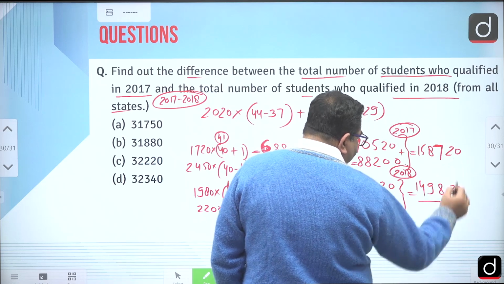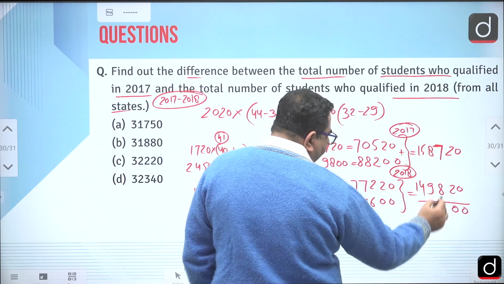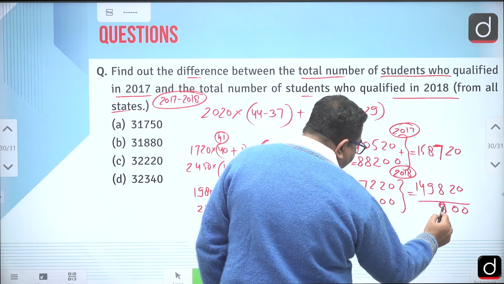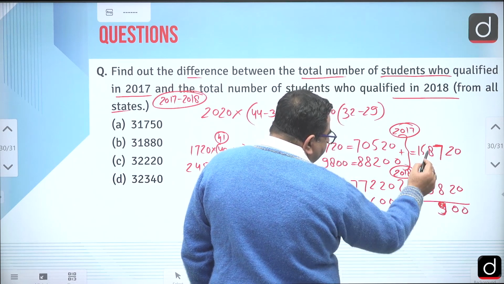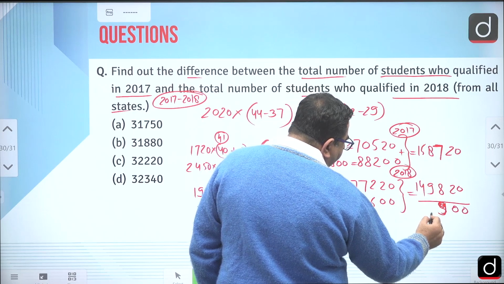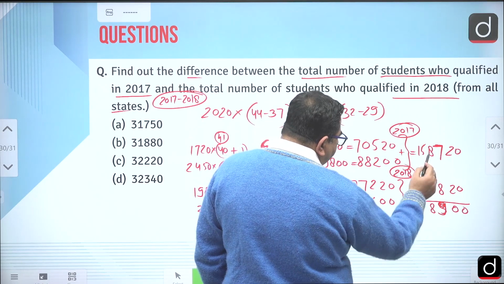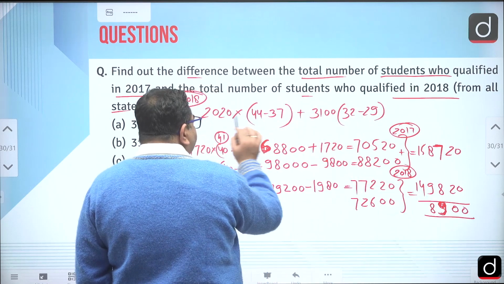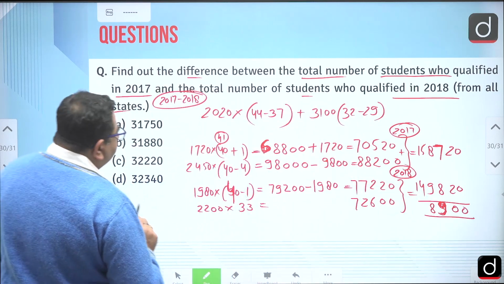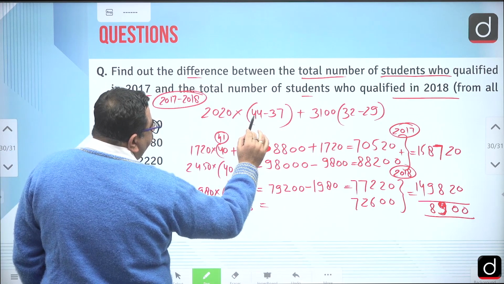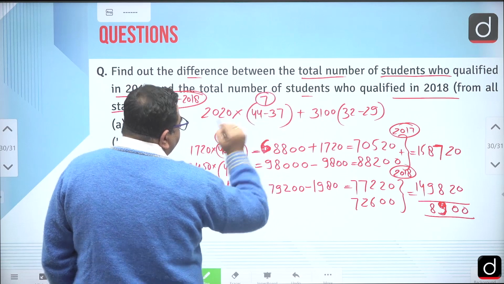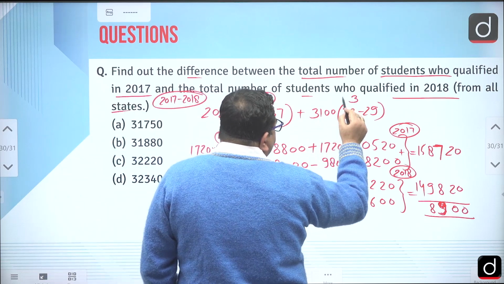So first of all, this difference, it is 0 0, 17 minus 8 is 9, right? Then it is 7, 17 minus 9 is 8, that's it. 8900 is this plus these two, right? So this is very easy, 2020 and 44 minus 37, this is what? 7, and this is what? 3, right?